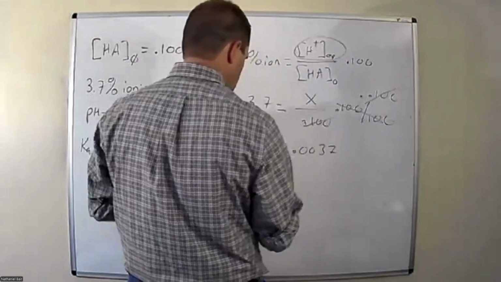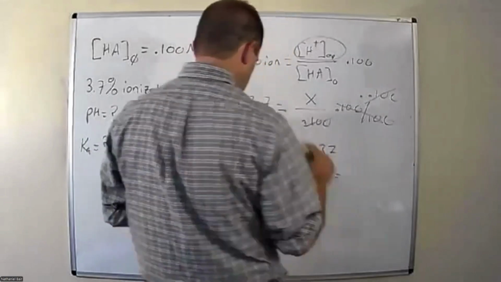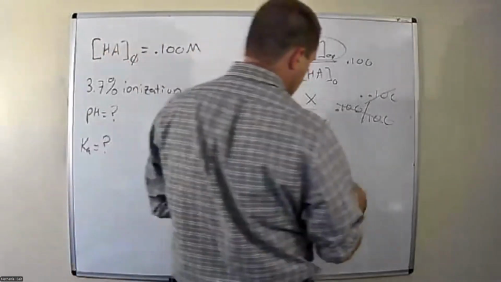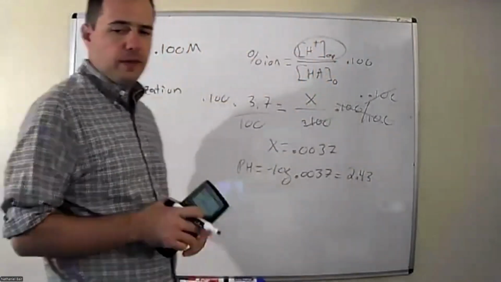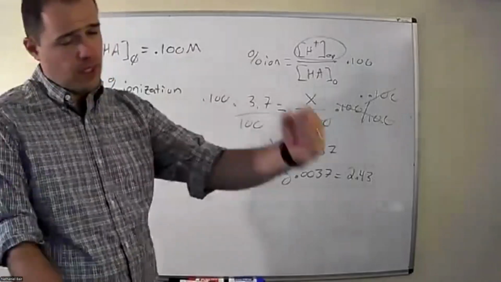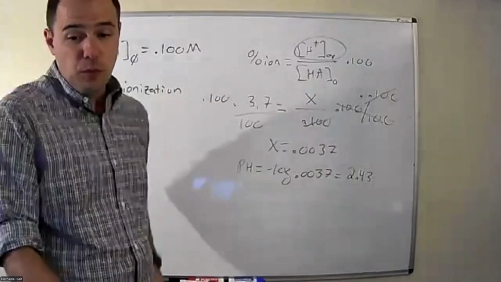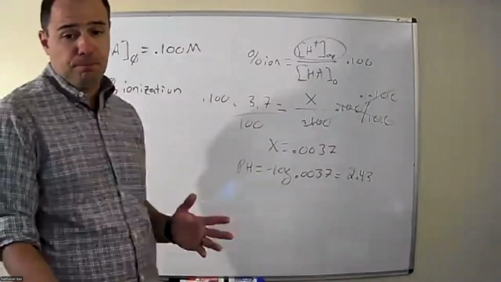And now pH equals the negative log of that. I'm going to go with 2 places past the decimal, since this problem had a percent in it and I'm not going to grade sig figs on that. That 0.1 molar lactic acid solution should have a theoretical pH of 2.43. If you stick a pH probe in there, it should have a pH of 2.43.